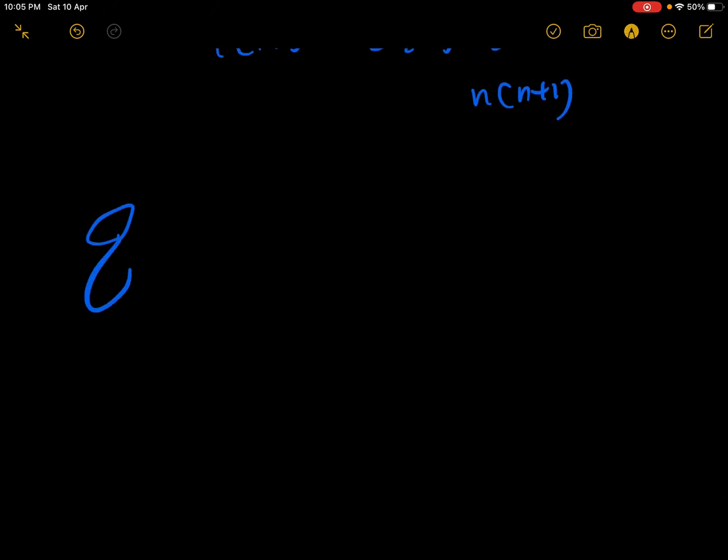A few things that you have to know about sigma: first of all, if it's k equals 1 to n, and the term is a constant, like 6, what does this mean? It means that 6 will repeat itself n times.